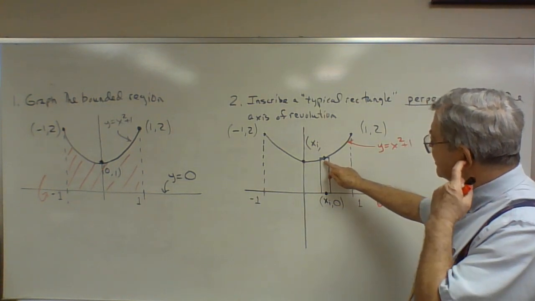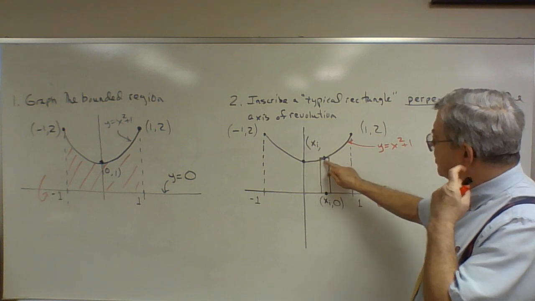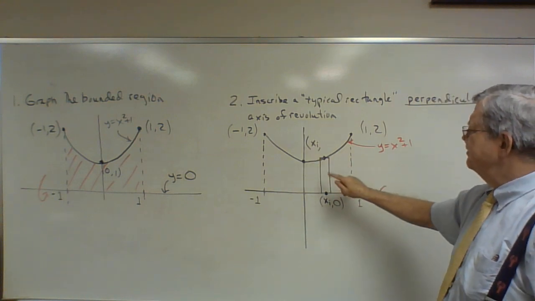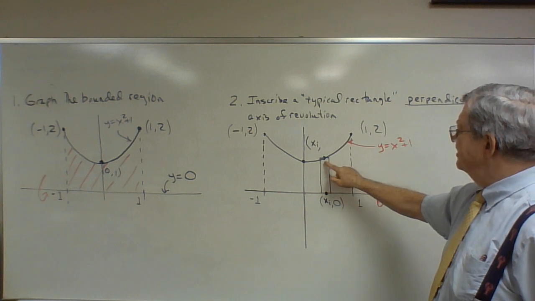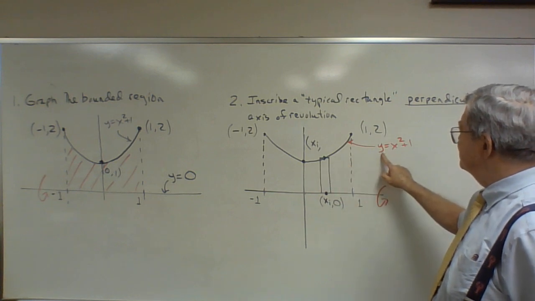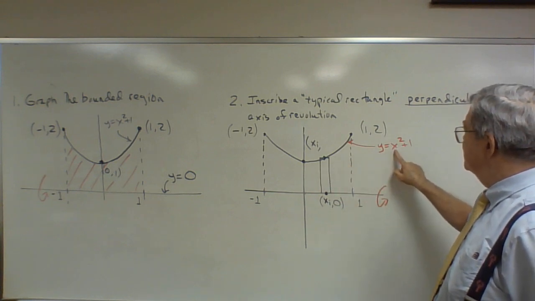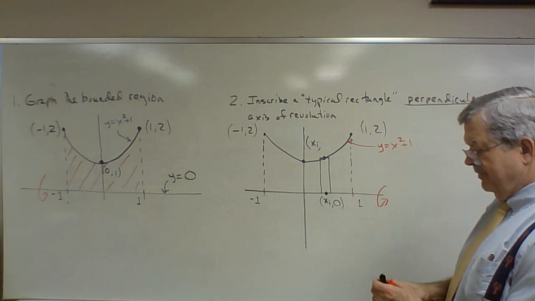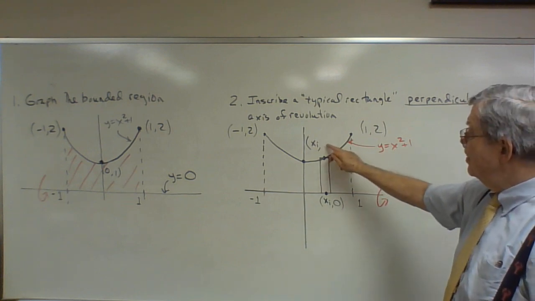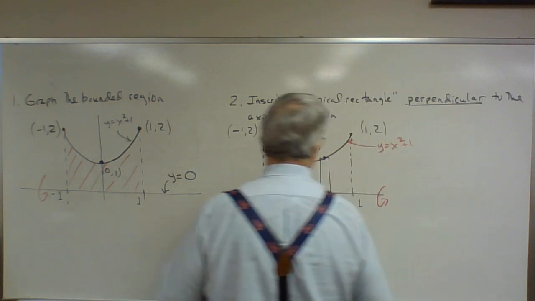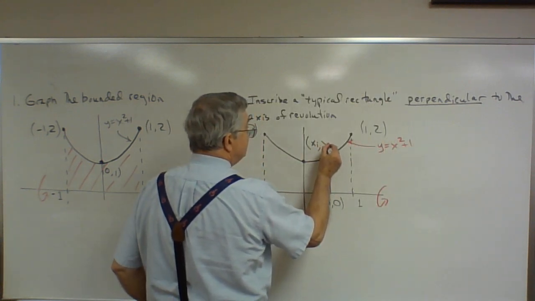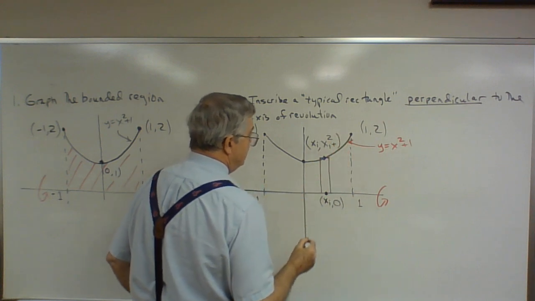This point has x coordinate x sub i. What's the y coordinate of this point? Well, this point is on the graph whose y coordinate is given by the x coordinate squared plus 1. So the y coordinate here is x sub i squared plus 1.